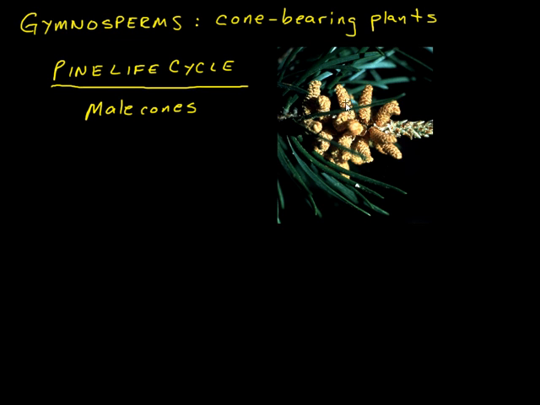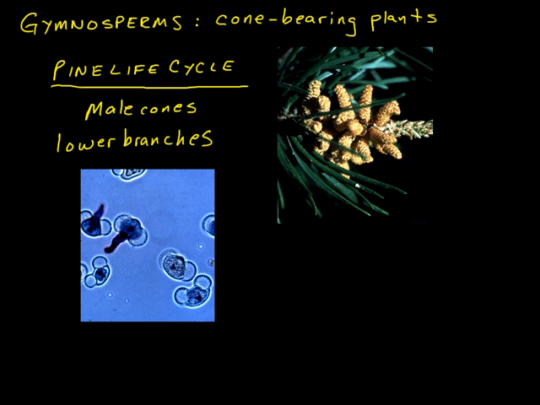So when these cones are mature, they undergo meiosis and produce pollen grains, and the pollen is released from these cones and carried by the wind. Now, male cones are usually found on lower branches. Each cone produces pollen grains that have two sperm cells in them, and they'll often also have two air sacs. This picture depicts just that.